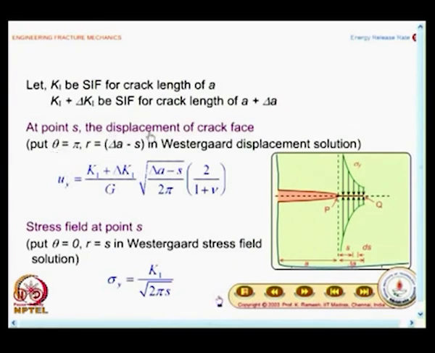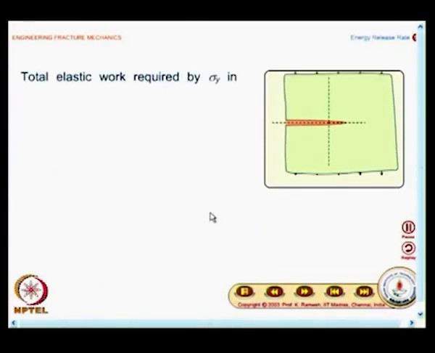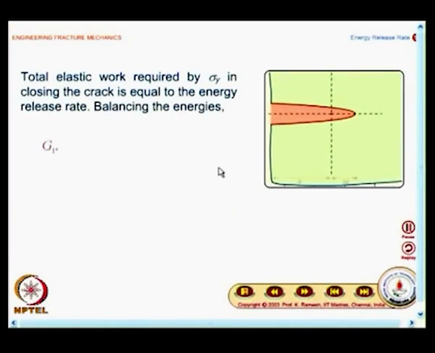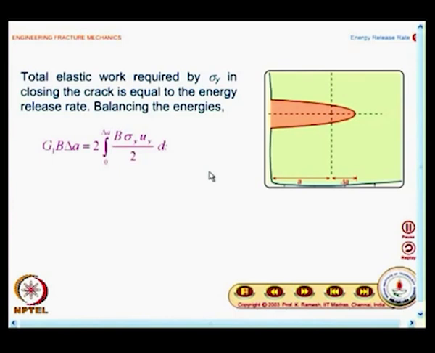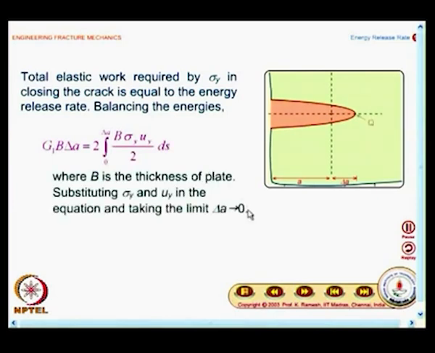For the displacement, we have taken Q as the origin, so theta turns out to be pi, whereas for the evaluation of stress, theta is just 0 degrees, because we are taking P as the origin for evaluating the stresses. Using this, you could write the energy expression based on fundamentals.